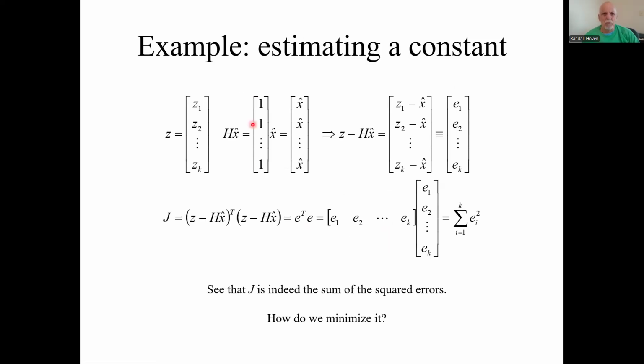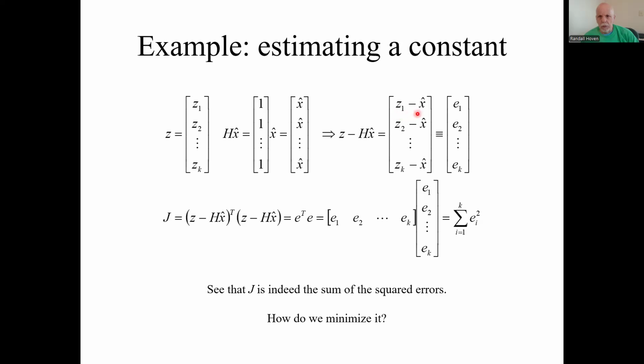If we take that example of x is just a constant, but we measure it K times. Here's what the actual measurements are. Here's what that Hx hat is. It's this vector of our estimates of x. Here's what those errors are.